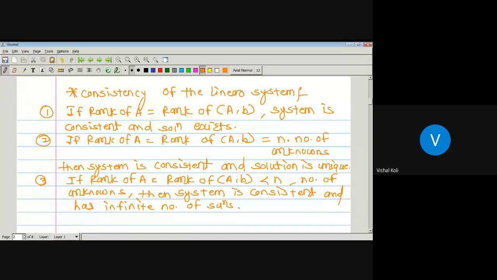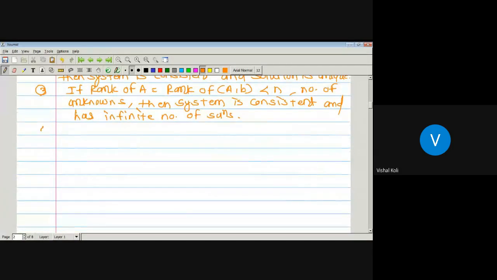And the last one, there is only one other possibility, that the rank of A is not equal to the rank of AB. If rank of A is not equal to rank of the augmented matrix AB, then the system is inconsistent. That is, it has no solution.